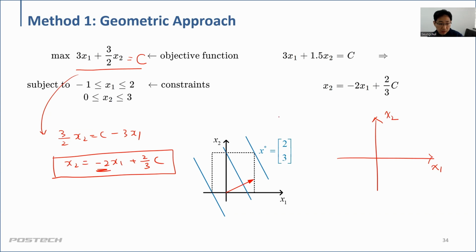The slope is -2. That's the slope, but C can have any value. With different C's we might have different straight lines, but the slope should be the same.